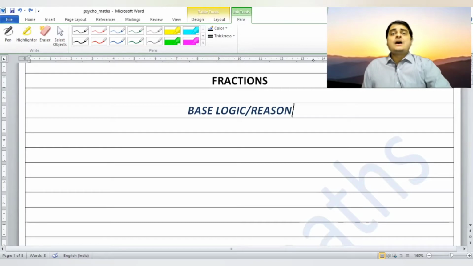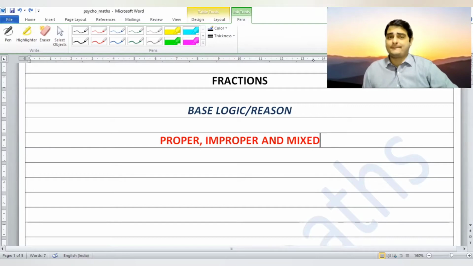Yes, but for that, our target for the day is basically to understand from where the terms proper fraction, improper fraction and mixed fraction arise from. Got the point? So in today's session, initially we will be learning the logic, the reason why the fractions are being classified as proper and improper.